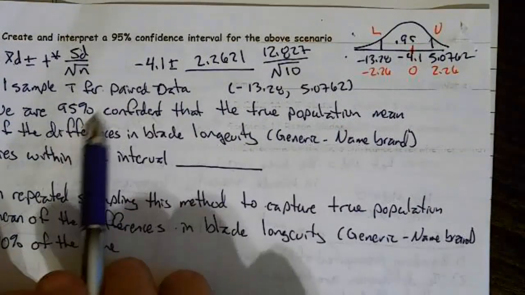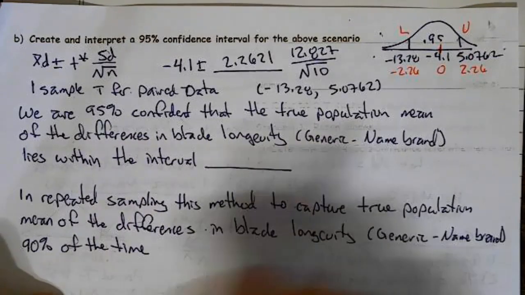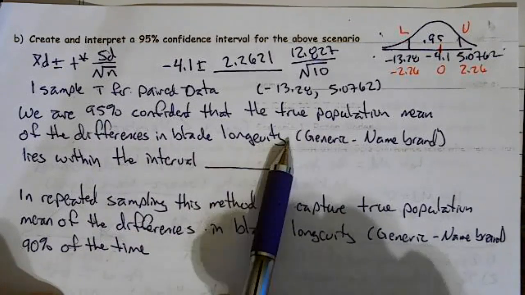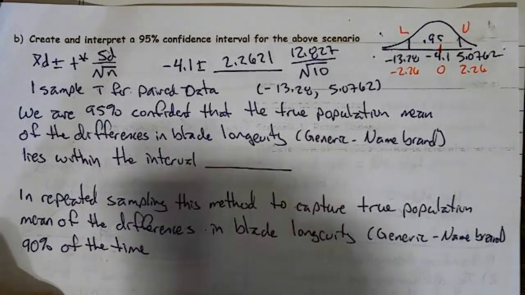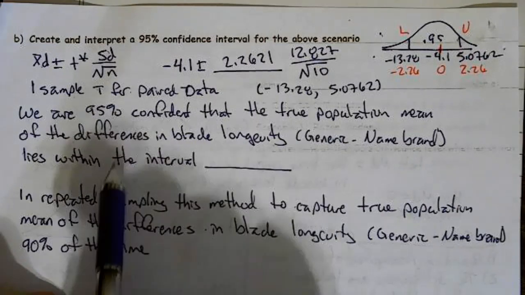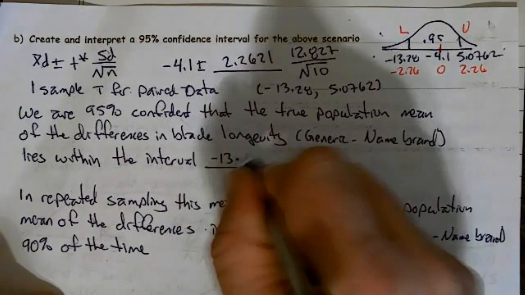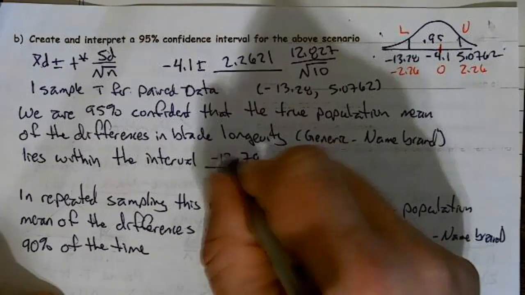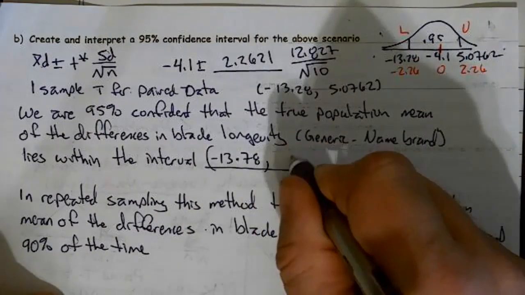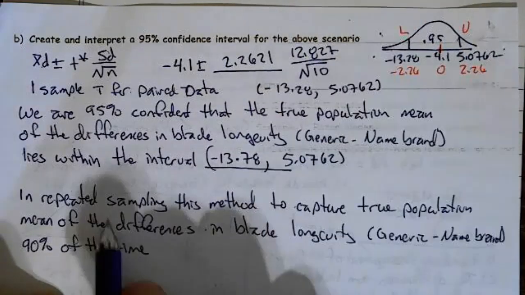So what are we? Well, we are 95% confident that the true population mean of the difference in blade longevity, generic minus name brand, and all we did is restate what we have on the front page, lies within the interval, in this case, negative 13.28 to 5.0762.